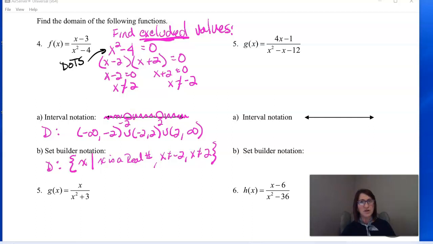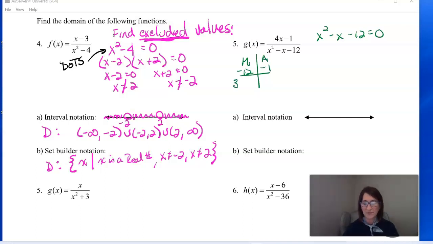All right, so the first thing we want to do is factor x squared minus x minus 12. So we set that equal to 0. So I'm looking for what can I multiply that gives me -12, but then adds to -1.